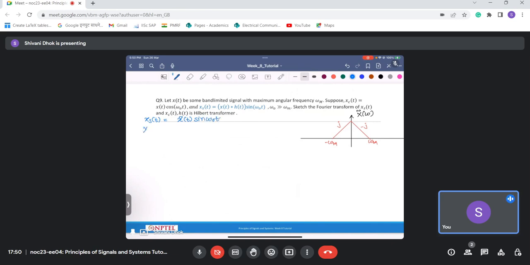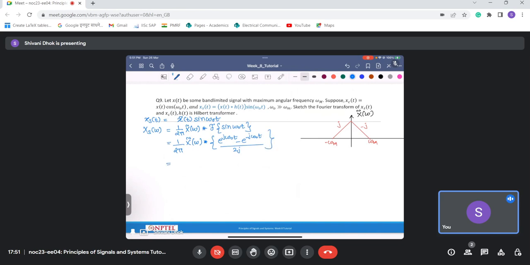So this Fourier transform X of omega is basically 1 over 2 pi, x tilde of omega convolved with the Fourier transform of sine of omega naught t, which I can write as 1 over 2 pi, x tilde of omega convolved with e power j omega naught t minus e power minus j omega naught t, whole thing divided by 2j.